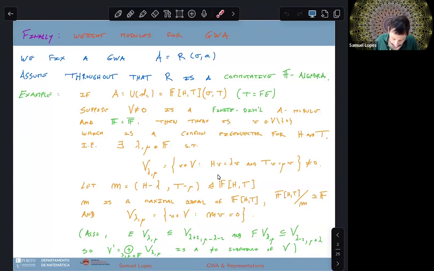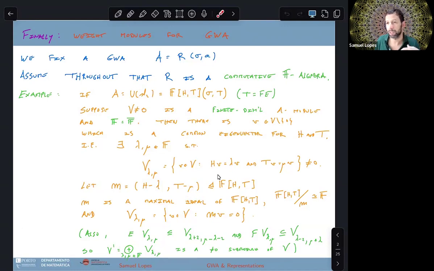And so it follows that even if I didn't know what my module looked like, just assuming that it's finite dimensional over an algebraically closed field, I can conclude that if I consider all common eigenspaces of this form, this will certainly form a non-zero submodule.